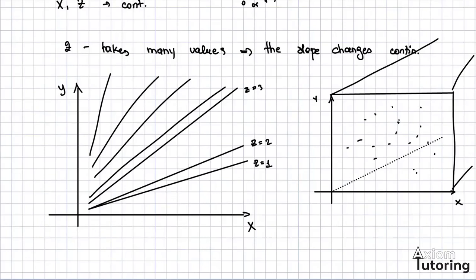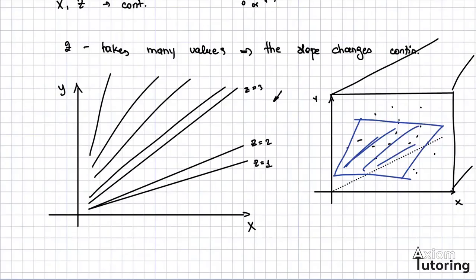Imagine this is like a smoke screen, and all of your Z lines would be on a plane in here. I know it's not the easiest to visualize, but if it's easier, just look at the first graph in here.